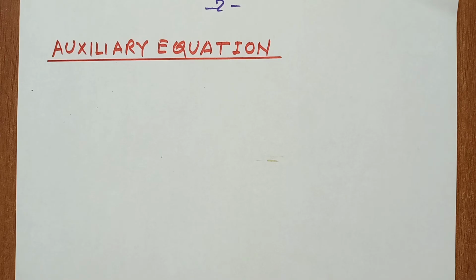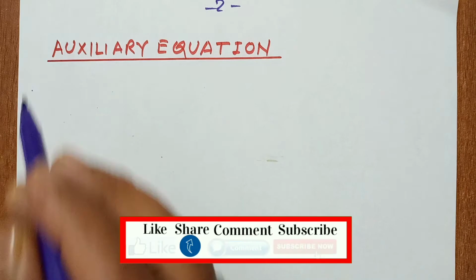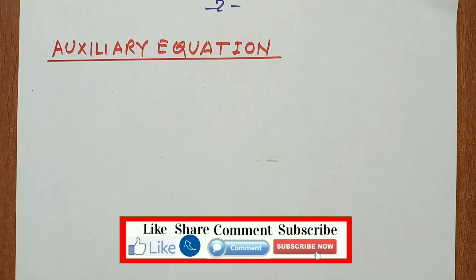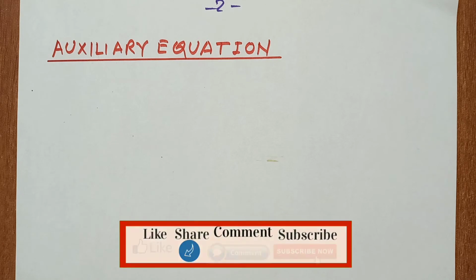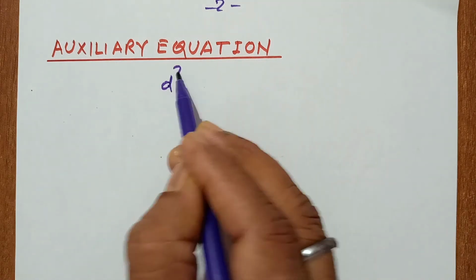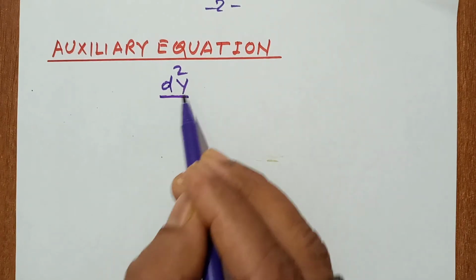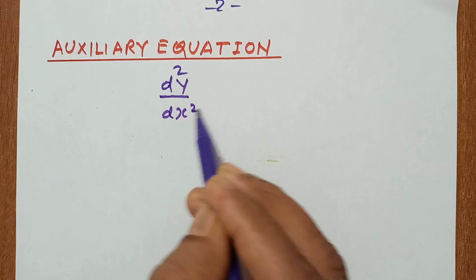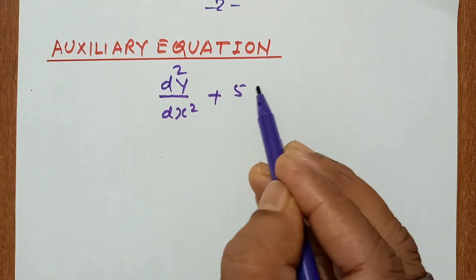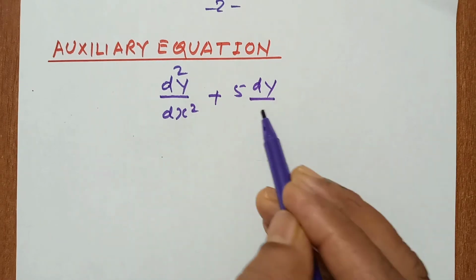Okay, so first I want to explain the auxiliary equation, meaning what is the auxiliary equation of any differential equation. Suppose this is a linear differential equation with constant coefficients of order 2. I am going to explain by taking a very simple example.